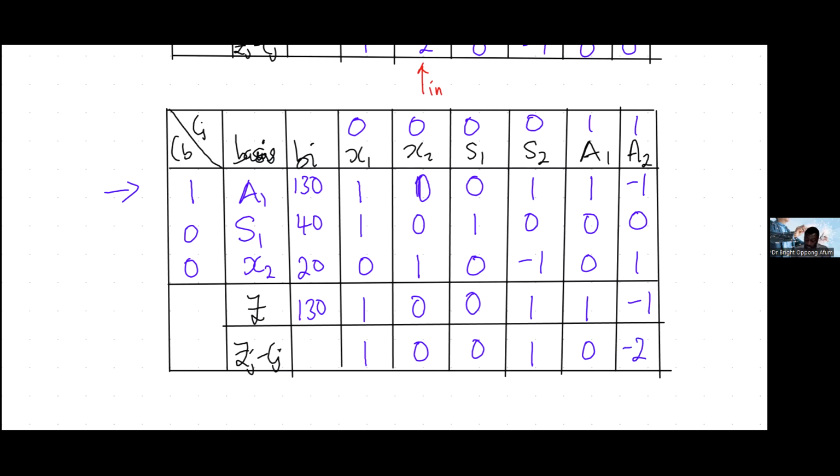All right, so here we find the positive value, right? So there is a tie here. You can see we have A1, and we also have S1, right? So we said when you have a tie, you select any of them into the solution.